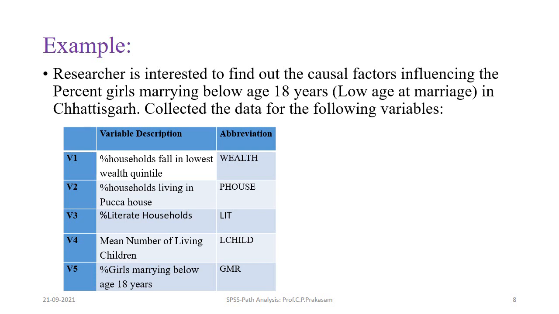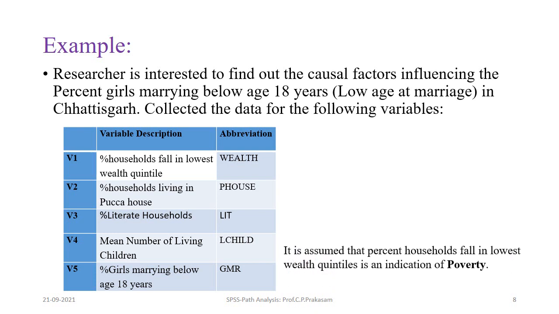The percentage of households falling in the lowest wealth quintile, abbreviated as wealth, percentage of households living in Pakka houses, percentage of literate households, mean number of living children, and percentage of girls marrying below 18 years. The selection of variables and their influence on the dependent variable, girls marrying below age 18 years, has been taken from the earlier literature review and the conceptual frameworks.